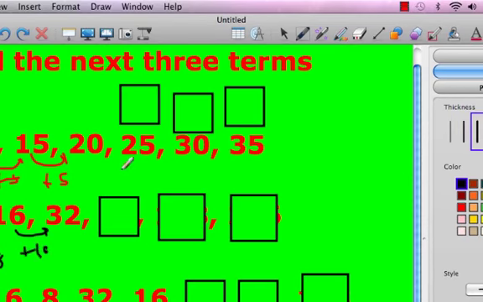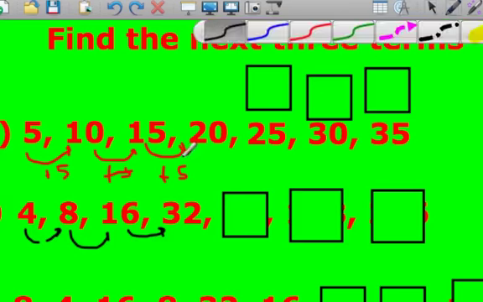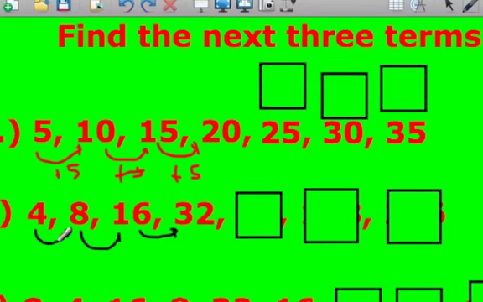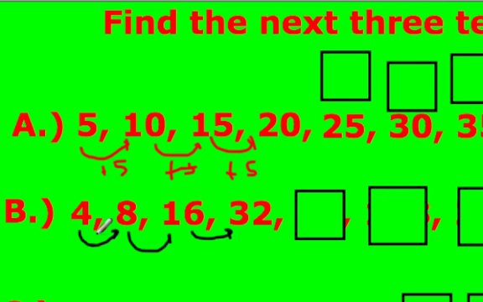So that's not really the pattern. Whenever you realize that you're getting a different number each time, the first thing you should try is the other operation that makes numbers go up, which in this case would be multiplication. So 4 times 2 gives us 8. 8 times 2 gives you 16. And 16 times 2 gives you 32. So that's really the pattern.